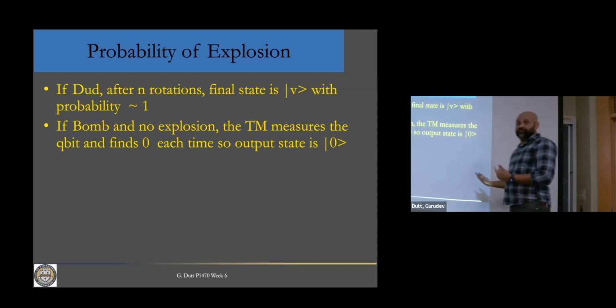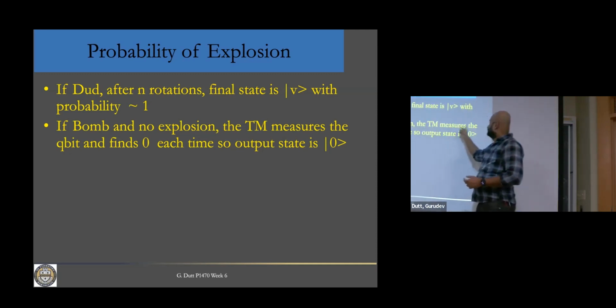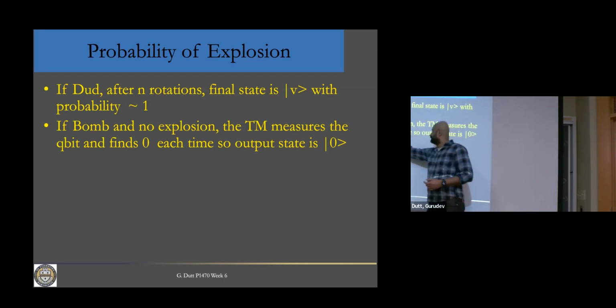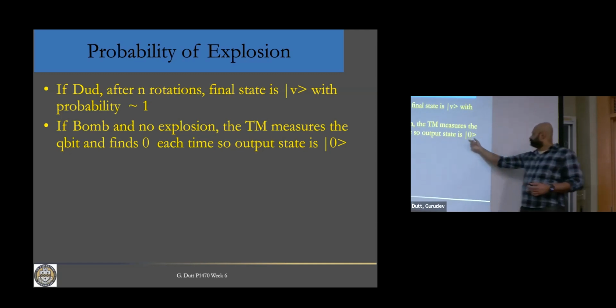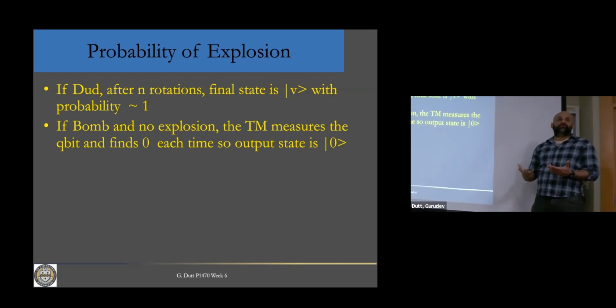But what if it's a bomb? Well, if it's a bomb and there's no explosion, then the Turing machine measures the qubit, finds 0. Each time, so the output state is 0. Because otherwise, if it measured 1, there would be a problem, it would explode.